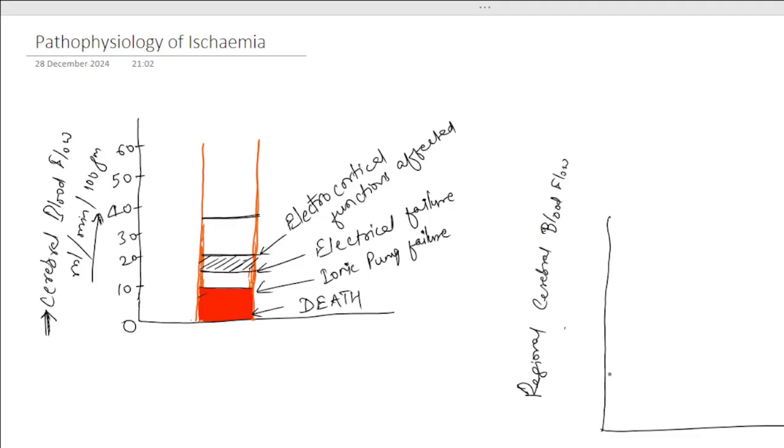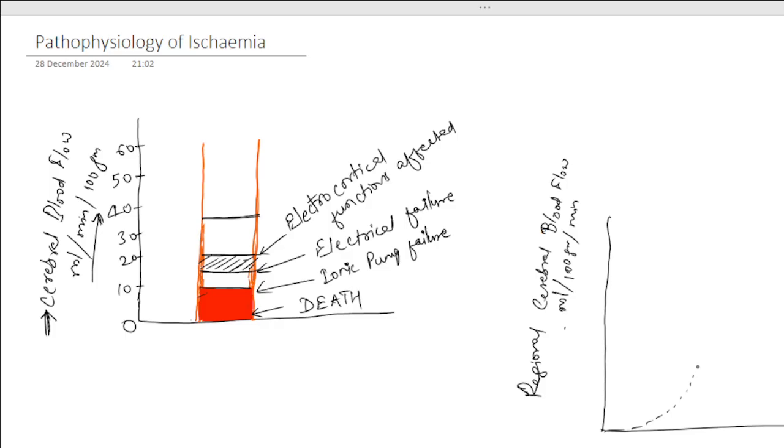This time I'm not talking about constant blood flow, it's regional, wherever the infarction has happened. Again, the measurement will be the same, ml per 100 gram per minute. And then, of course, duration on the x-axis, duration of ischemia, and how ischemia can bring the cascading effect.